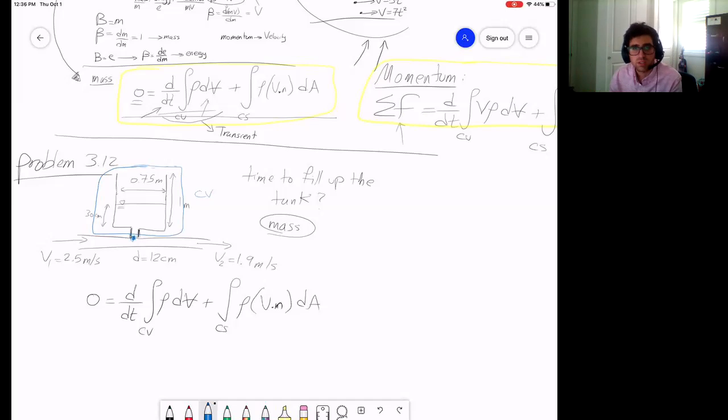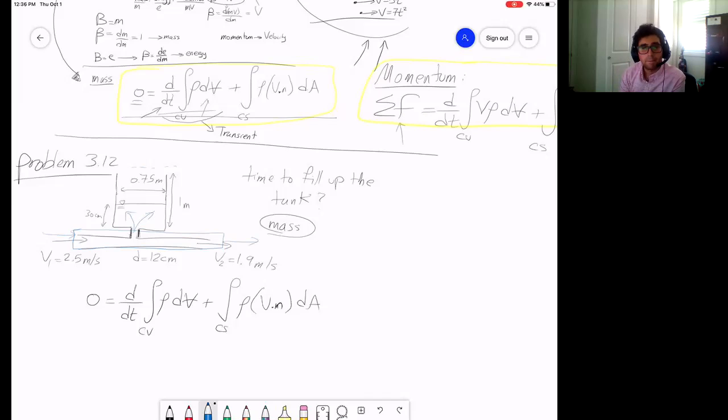But what if I draw the control volume like that? This is my control volume. I have an outlet here. This is my outlet, and this is my inlet. Is that even better?